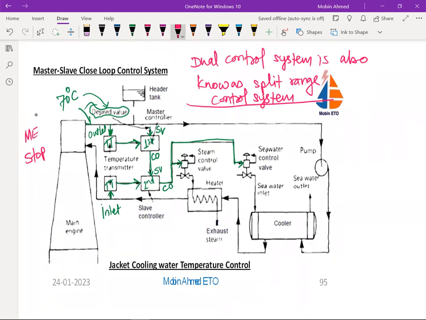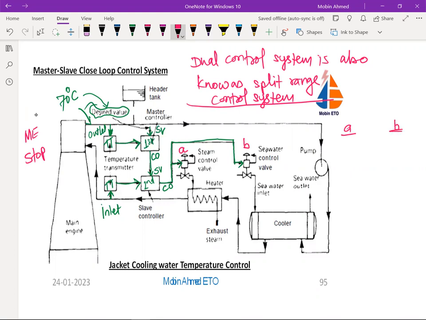That time the jacket cooling water is required to be heated up. In that case, here these control valves, we will give the names A and B control valve. So we will write here A control valve and B control valve.